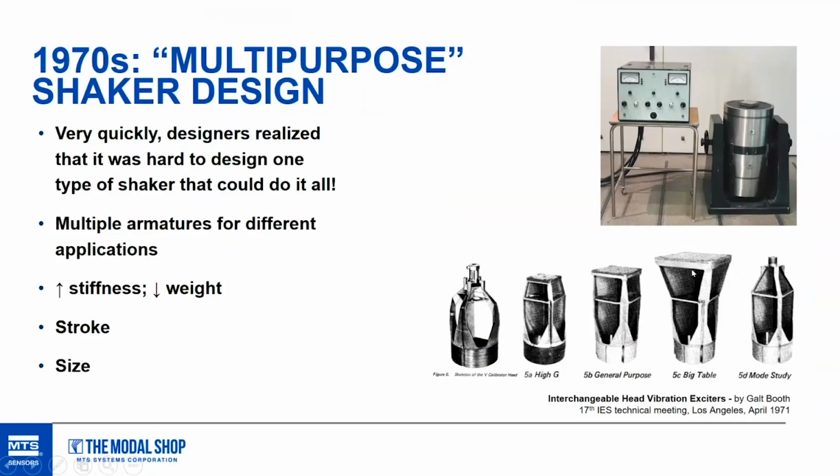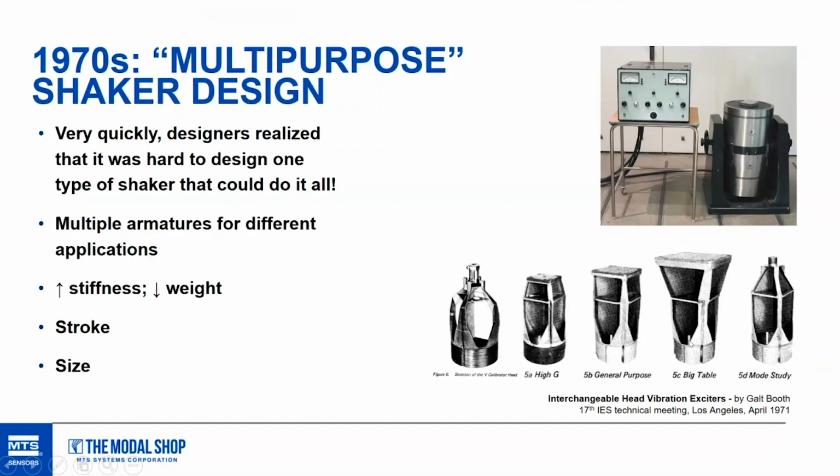But of course, that adds mass to the table. So if you're trying to do a high G test, maybe you want to reduce that mass and make it a smaller table. They had a general purpose table. They had also a table that was optimized for modal testing. That had an additional coil length, and it could get to higher displacements.